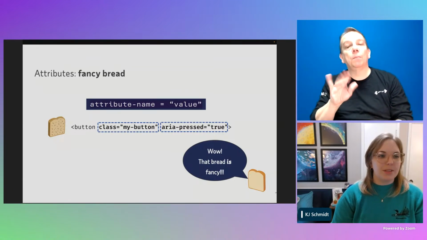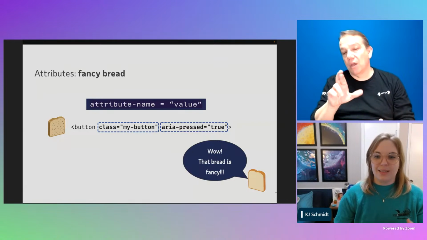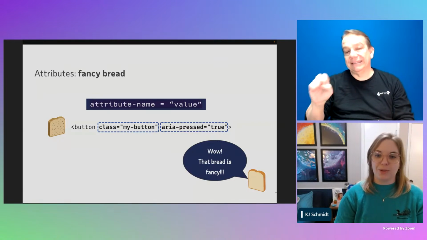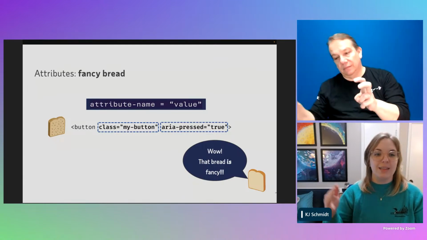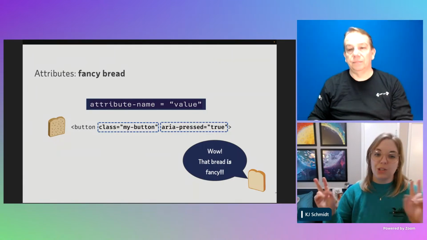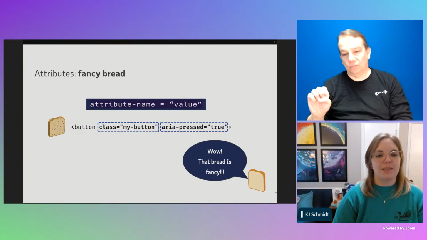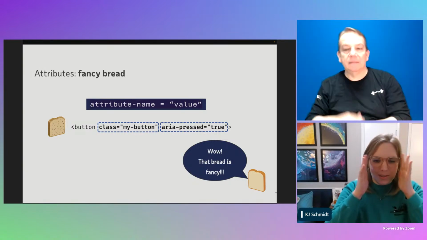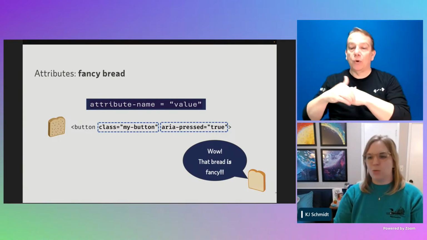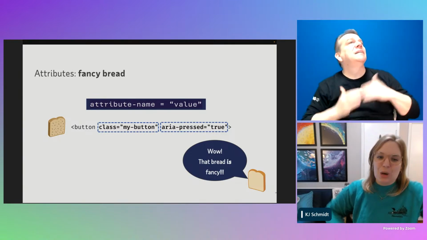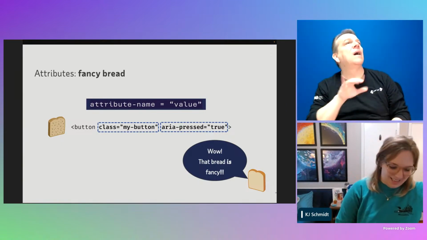And the second attribute is called ARIA pressed, and it has a value of true. So it's written as ARIA-pressed equals the word true wrapped in quotation marks. And in the corner of the slide, I have a picture of a piece of white bread looking up at that fancy bread code saying, wow, that bread is fancy.